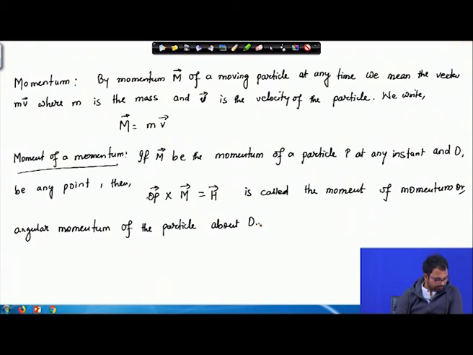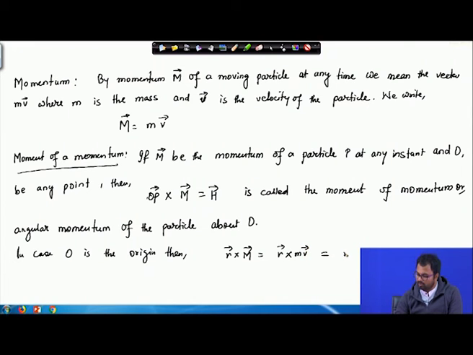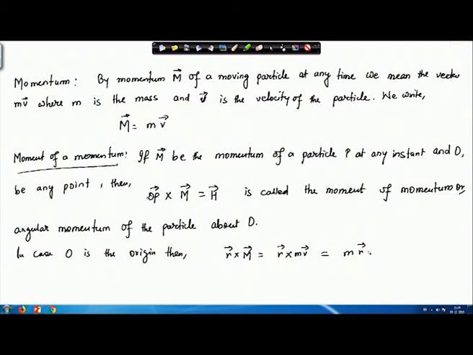Now here OP is the position vector of the point P about O. So, with respect to O, OP is the position vector, and in case O is the origin, this can be written as vector R cross capital M, which is basically vector R cross product with m times V. So, this can be written as m times R cross dr/dt.